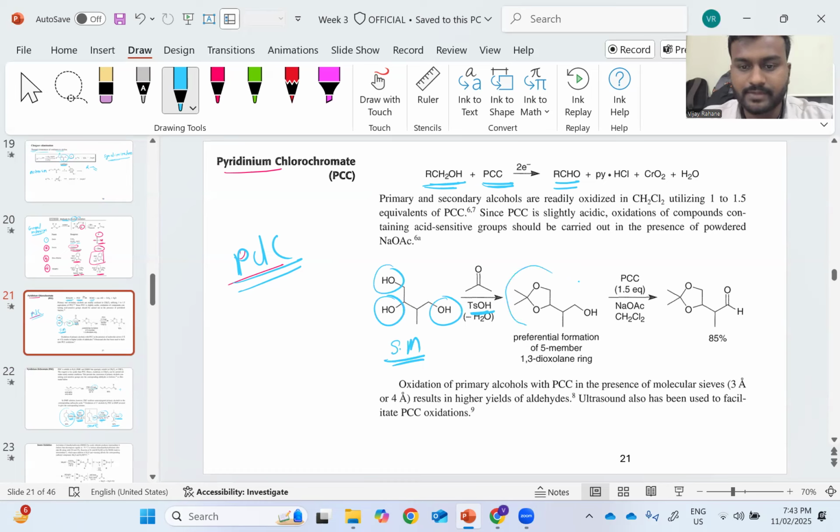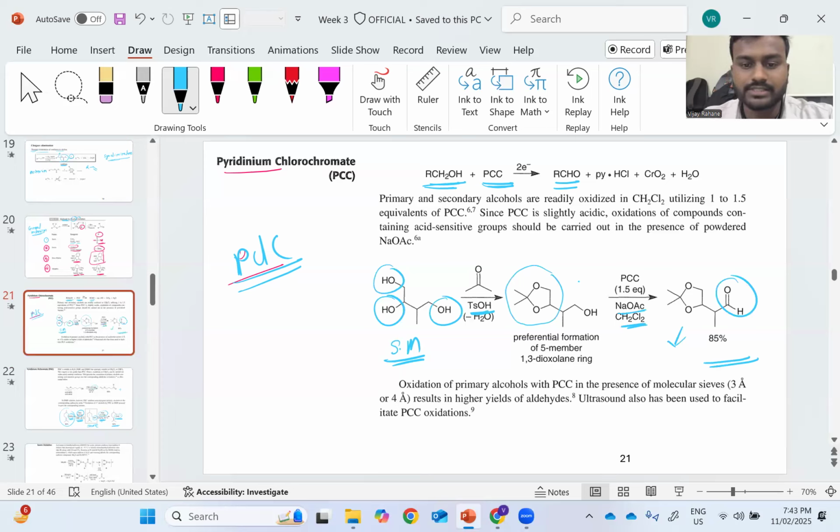So we get the protected diol, and when we react it with the PCC in DCM solvent, we selectively get this aldehyde as a product, and in a later step we can deprotect this group to get the remaining starting alcohol.